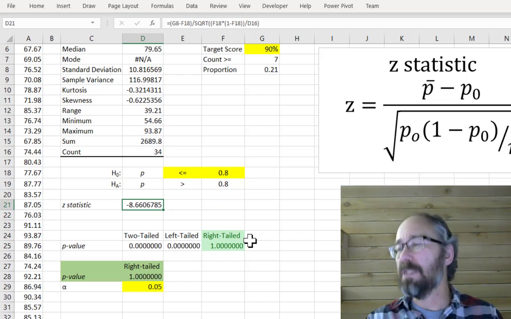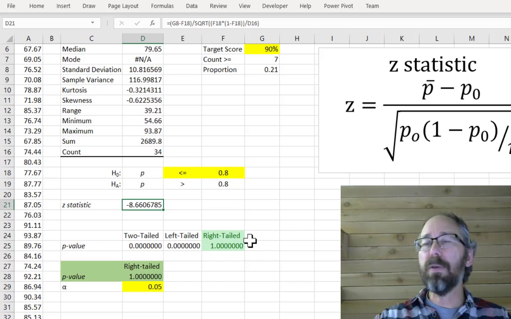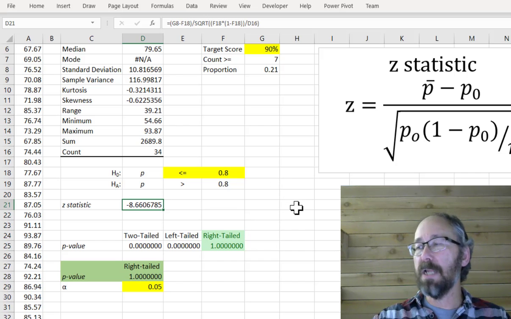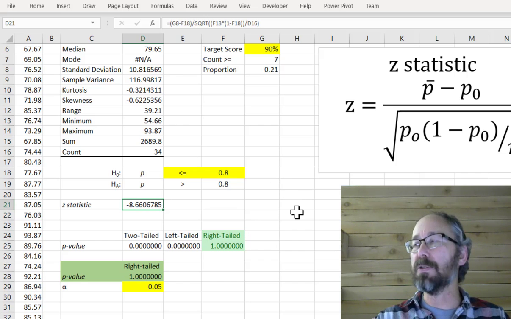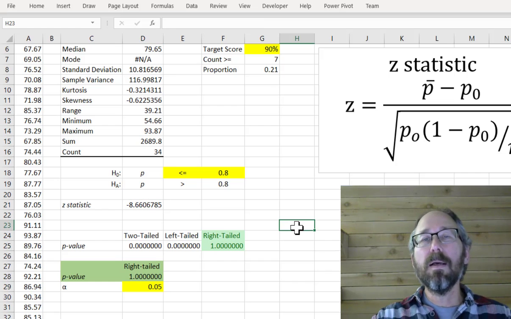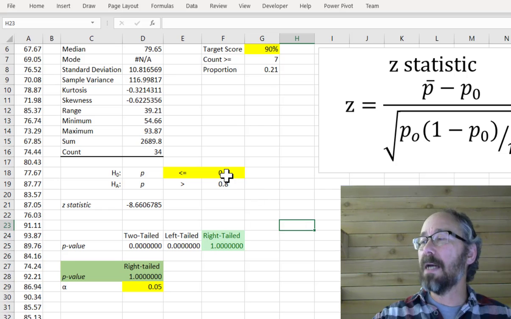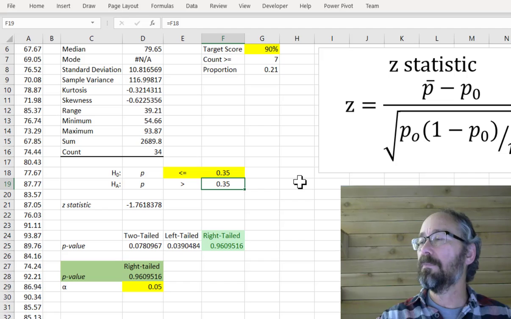So now we have a Z-statistic, and now we can begin looking at a scenario, creating a hypothesis about a certain situation. Let's consider a scenario where perhaps the university says that no more than 35% of a class should get A's. Perhaps if more than 35% of a class get A's, the class is too easy. So we can set our null hypothesis to 35%.